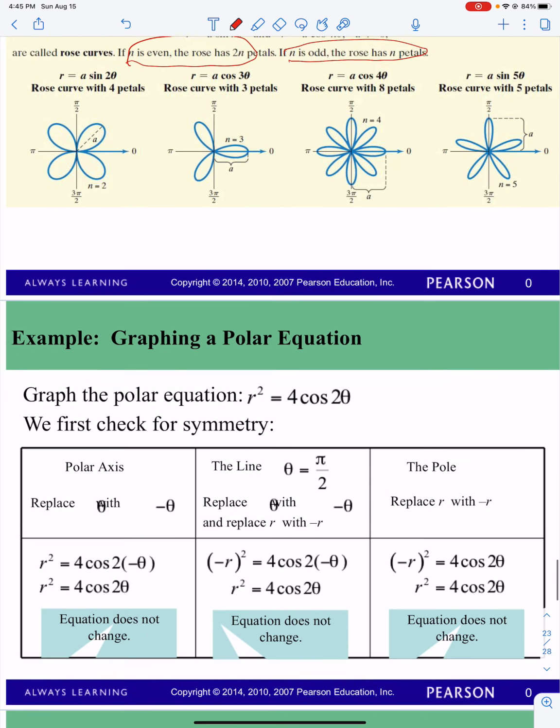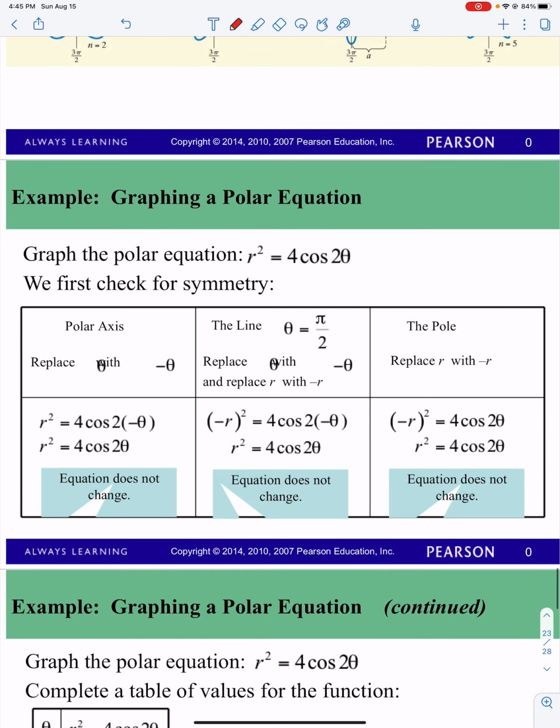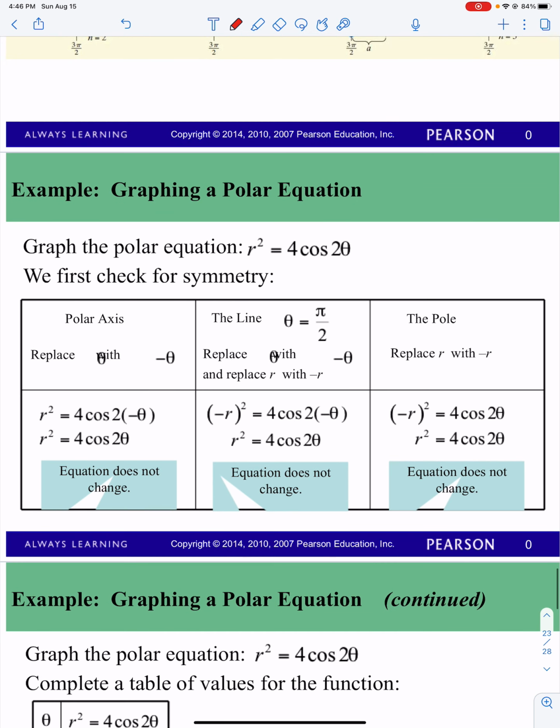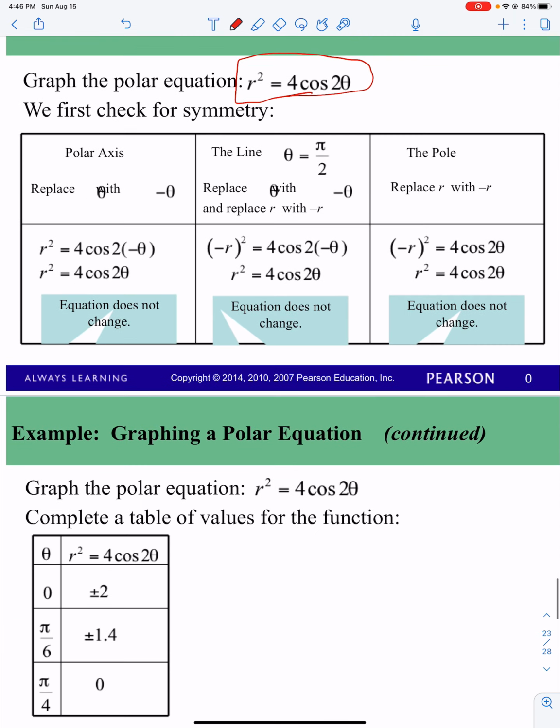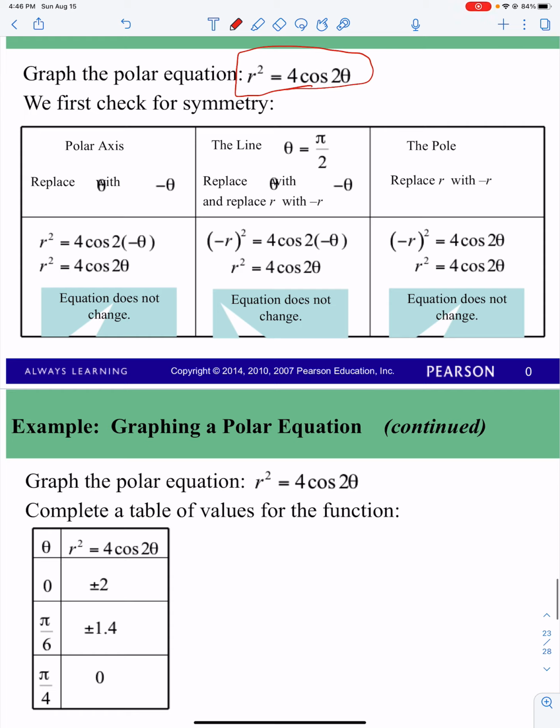And so the next type is r squared equal to 4 cosine 2 theta. You can check the symmetry, and actually it is symmetric to the polar axis, to the line, and also to the pole. That's very nice.